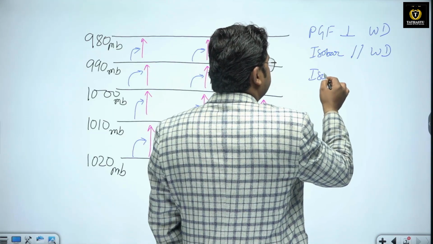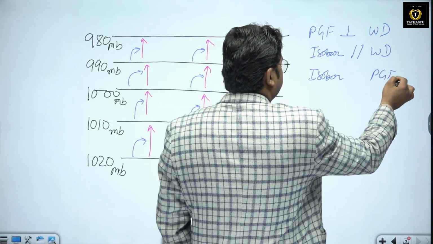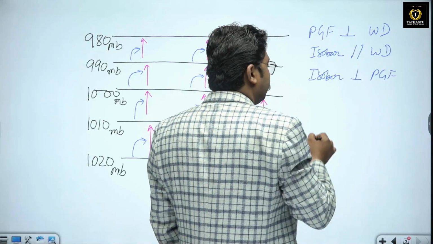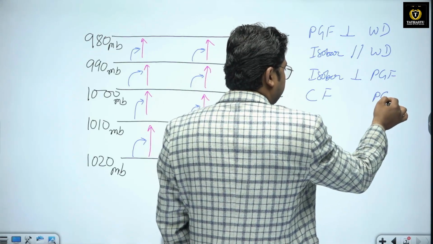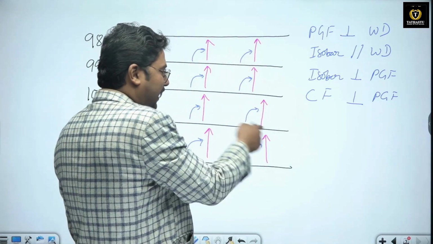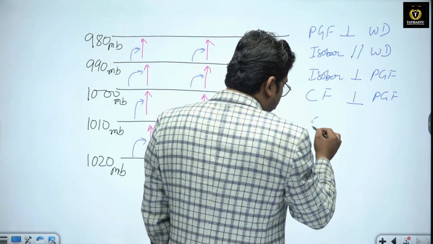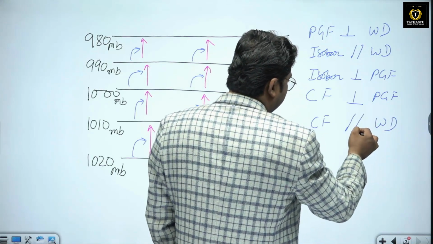Isobar and pressure gradient force again perpendicular. Coriolis force and pressure gradient force are perpendicular because it acts either right or left. Coriolis force and wind direction, they are parallel to each other.